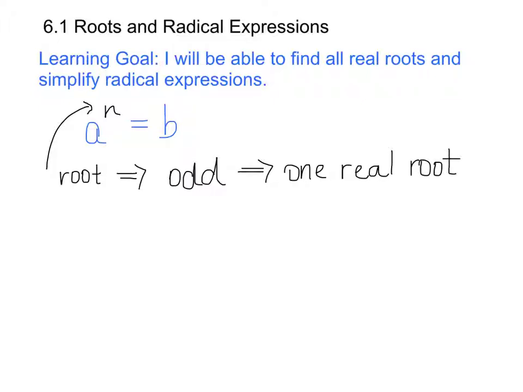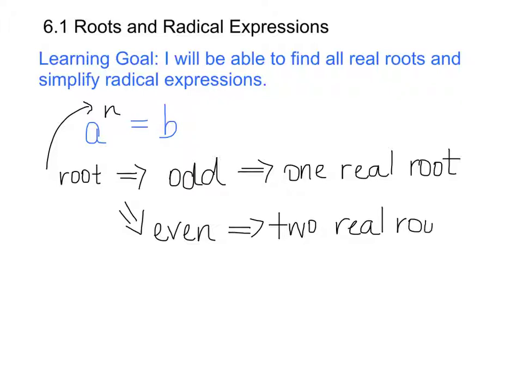And if your root is even, then you'll have two real roots, which we denote by plus or minus. And when you write it as a root, it'll look like this.